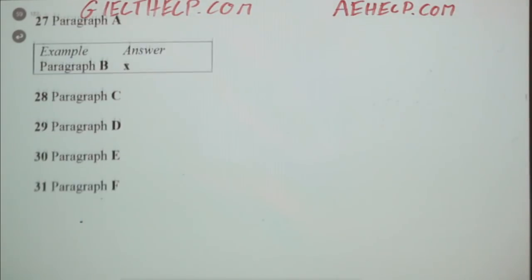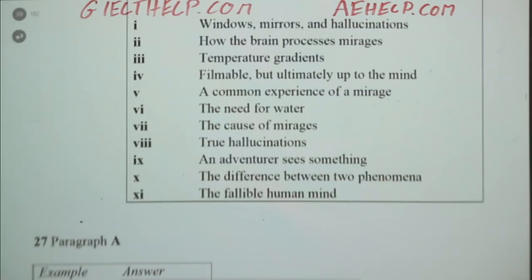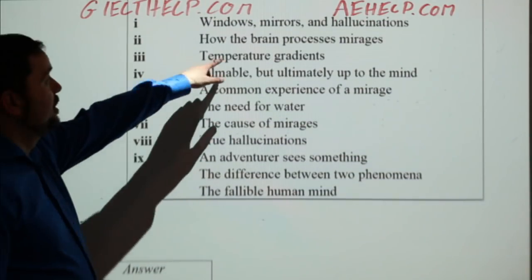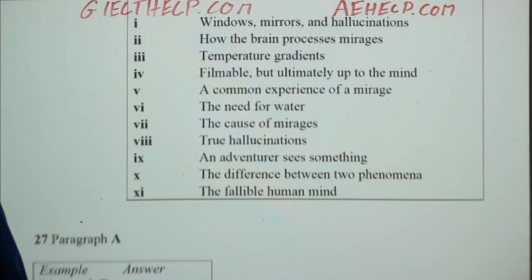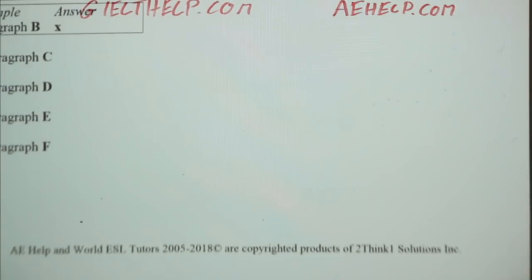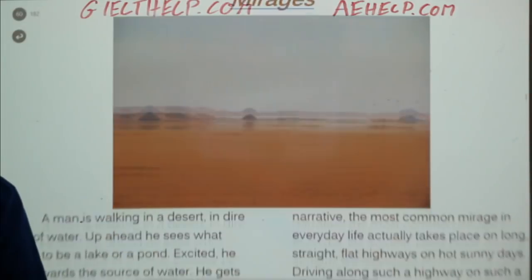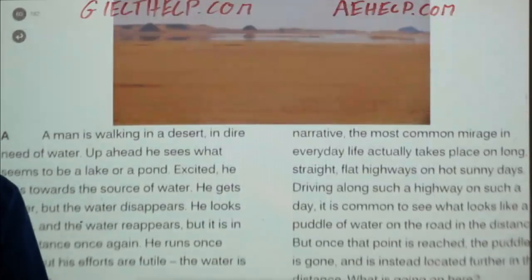Remember our answers here? So remember the answers that we gave here. How the brain processes mirages. Everybody remembers which paragraph that was? So you're saying that was paragraph C? Let's take a look at it.